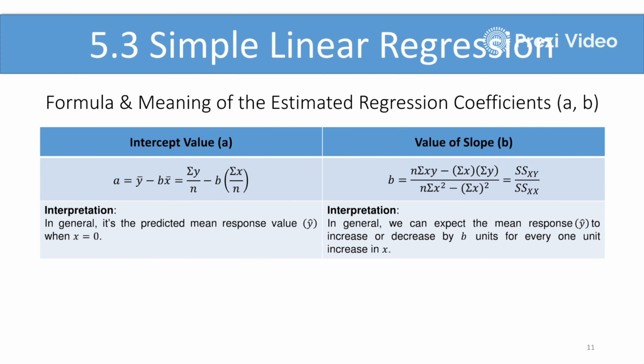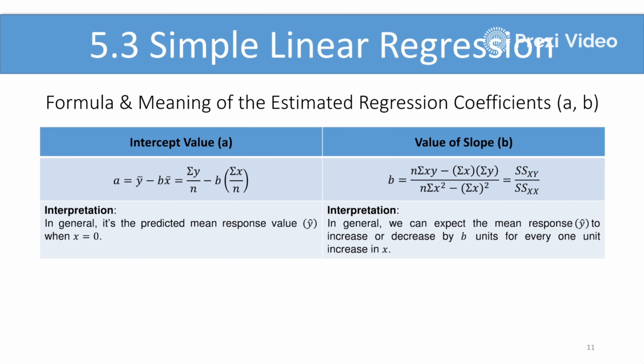If we expand this formula, it is the summation of y divided by n minus b times the summation of x divided by n. So in the formula for finding a, we need to obtain b. For the sake of interpretation, a is the predicted mean response value of y when x equals 0.